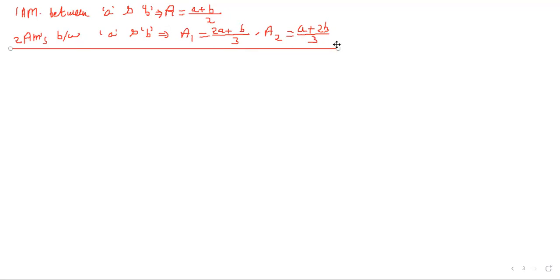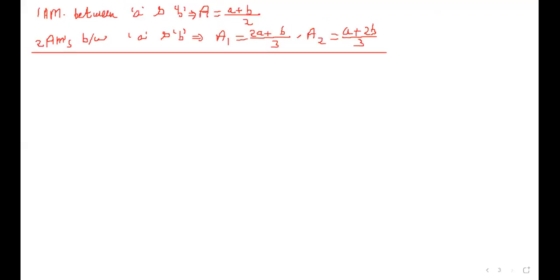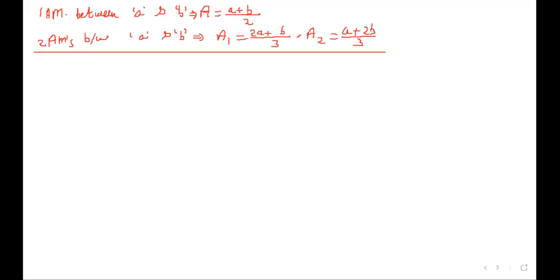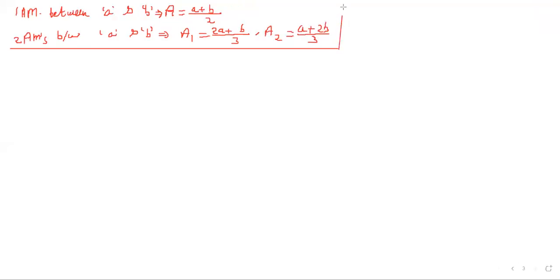We will assume them as A1, A2 and A3. If we want to find 3 AMs, the process is same as we have obtained the 2 AMs. 3 AMs between a and b, first we consider them as A1, A2 and A3.